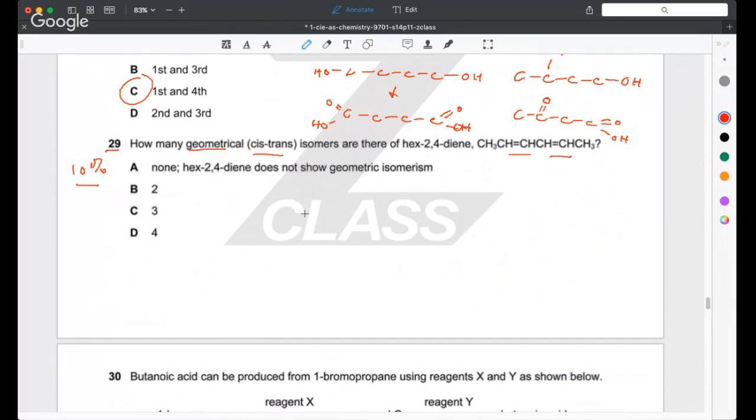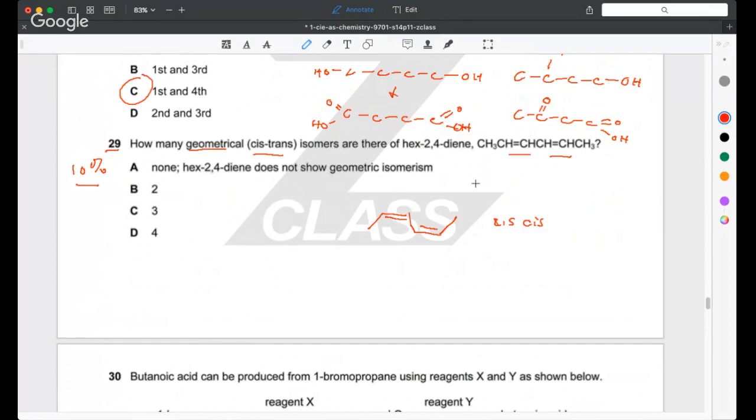Now, the easiest way to explain this is by drawing the skeletal formula. So that's actually, if you think about it, a cis isomer. Yeah?